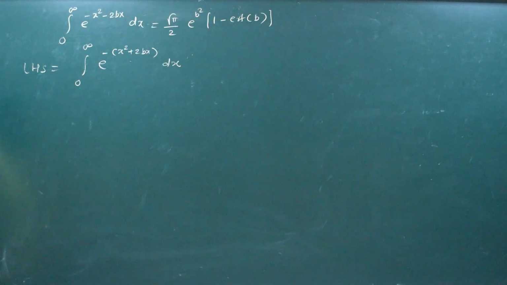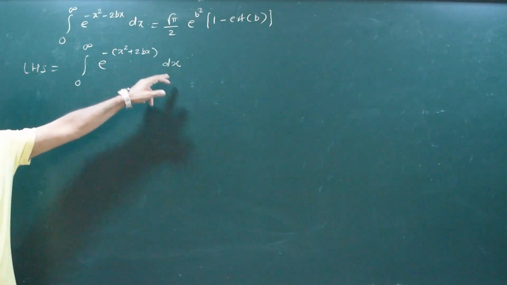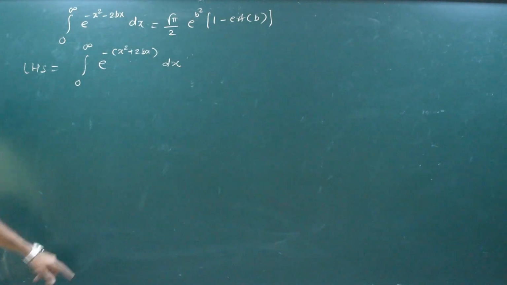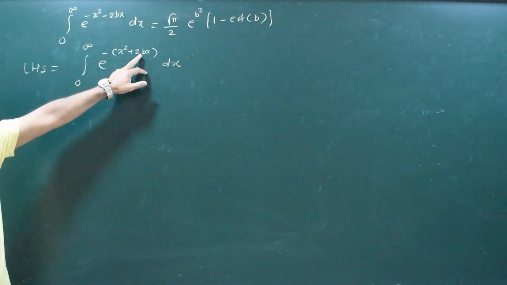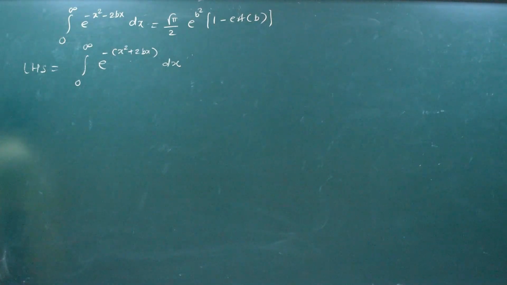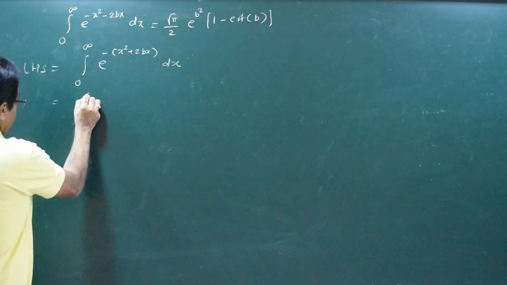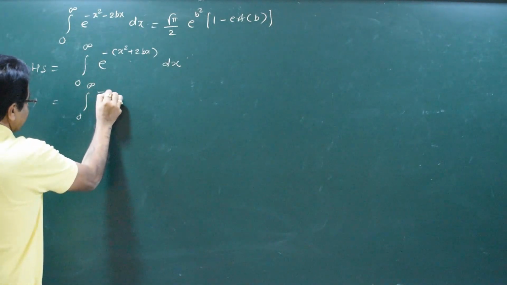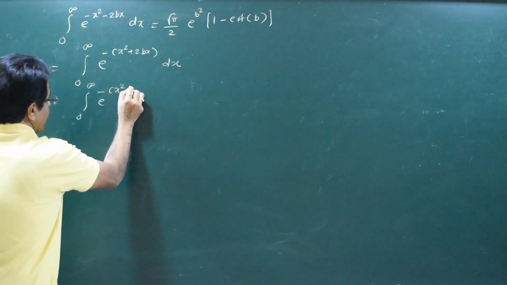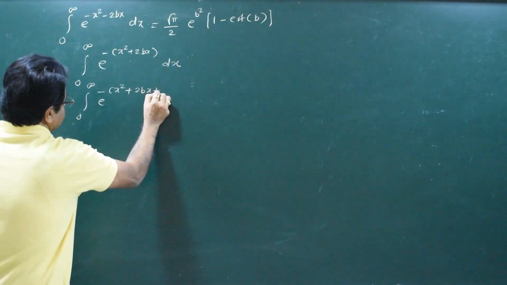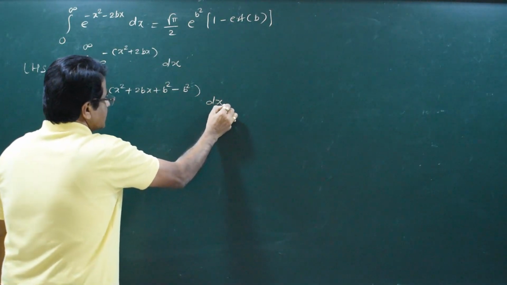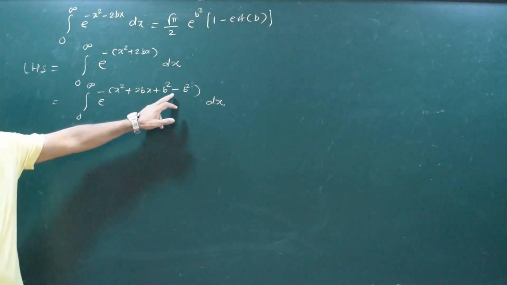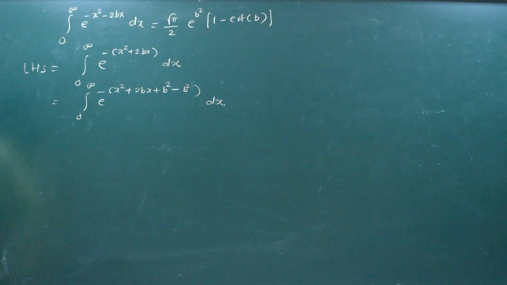For the sake of convenience, in the index I would like to convert this bracket in the form of a perfect square. First term is x square, second term is 2bx, means to make a perfect square we need b square, and therefore here we are going to do the adjustment in this manner. x square plus 2bx plus b square minus b square, means in short we have added b square and subtracted b square in the index.